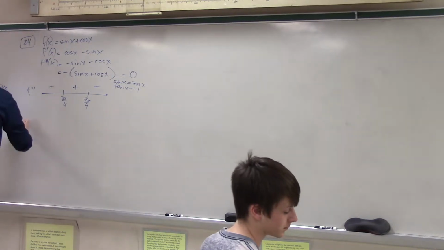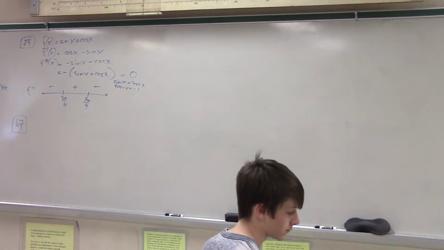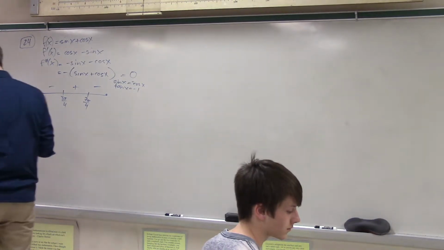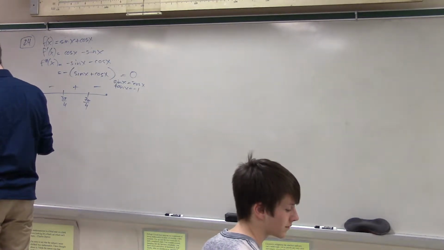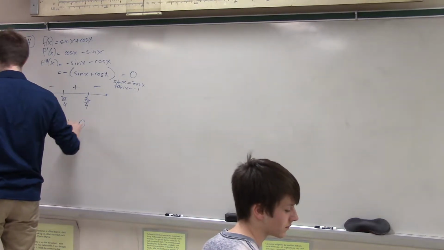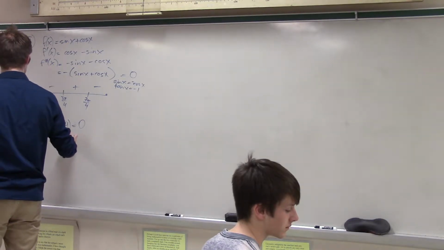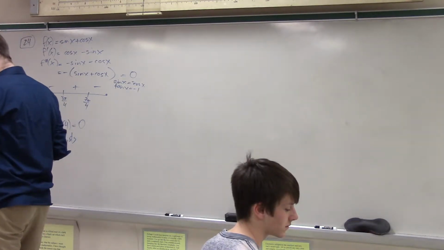Problem 67, I thought was a cool problem, which had you doing curve sketching basically, right? They told you so many things. They told you that f of 2 equals f of 4 equals 0. They also told you that f of 3 exists, but that f prime of 3 does not exist.